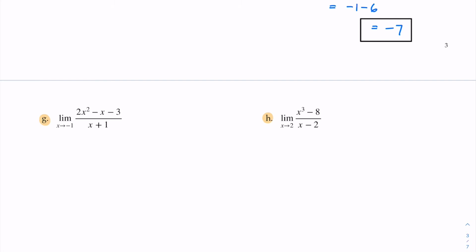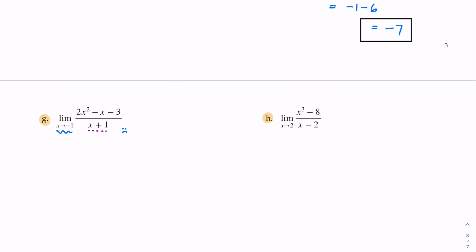Cool. Welcome back. All right. So we are going to look at this. I am going to go, oh, yay, I'll plug in my -1. But as soon as I see this denominator, we're a little upset about that. But because I'm dealing with a rational expression with a polynomial in the numerator and a binomial in the denominator, I'm hoping I can factor, and I'm actually hoping more specifically that x plus 1 is one of those factors in the numerator.